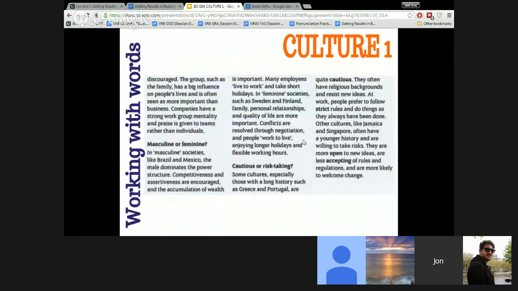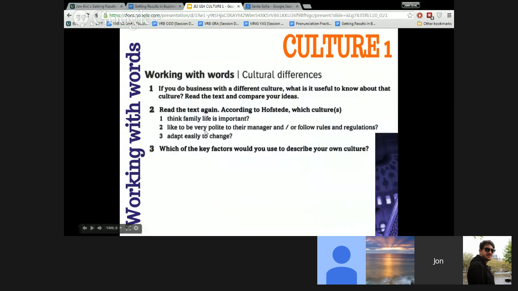The culture that is risk taking. Because they are younger. Right. They're younger, so they adapt more easily to change, according to Hofstede. Yes, Greece and Portugal are quite cautious. They often have religious backgrounds and resist new ideas.